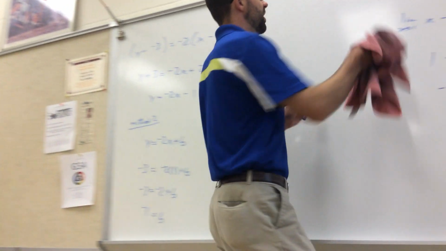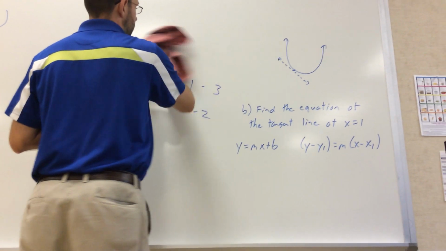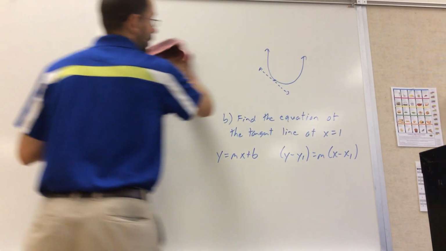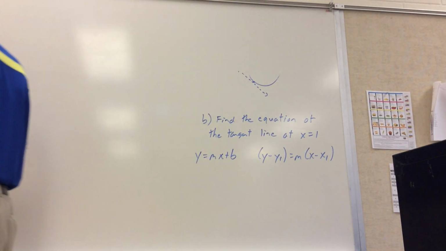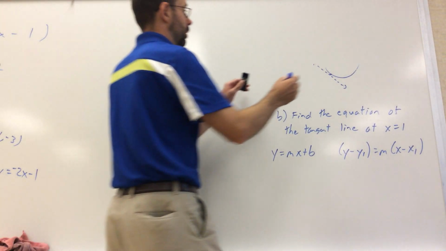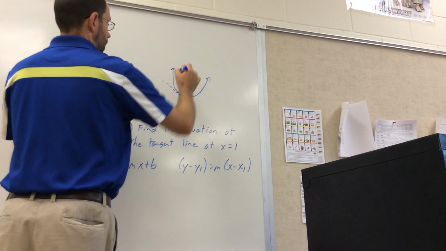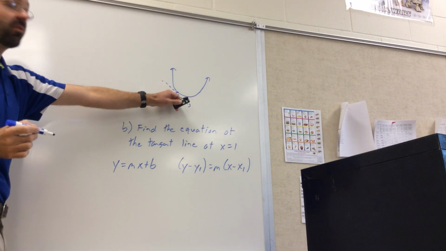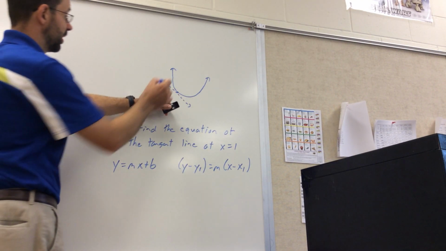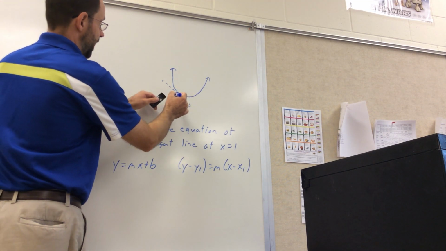Okay, there's also something called the normal line. At that point right there, there's a line that is perpendicular to the tangent line.